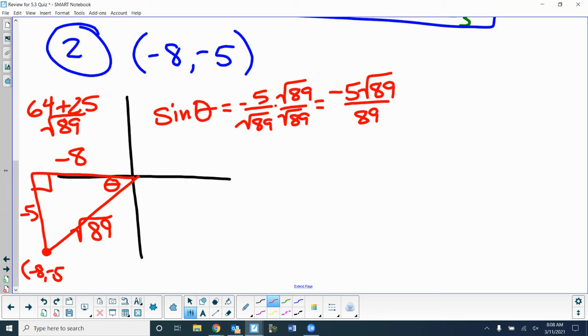We couldn't simplify it at all either. So we just got that big radical. It's okay. So cosecant, it's reciprocal. Do the original one. So if you do this one, then you got to rationalize, you get some really big numbers. So just flip the original. Square root of 89 over -5. Cosine.